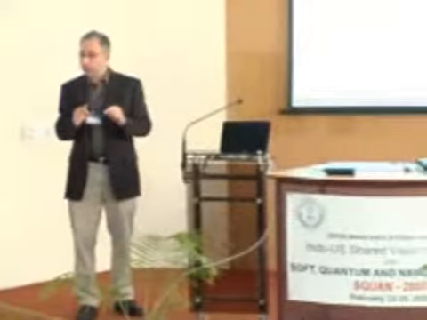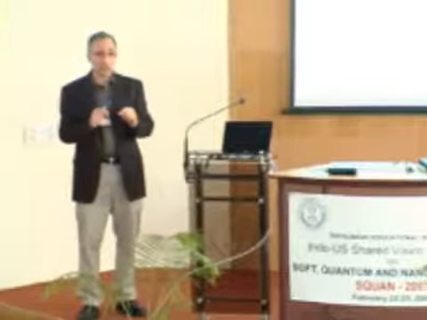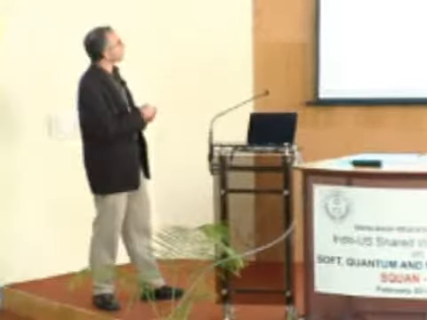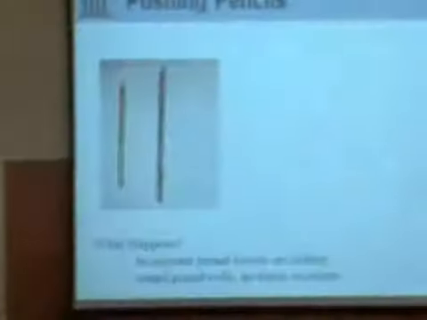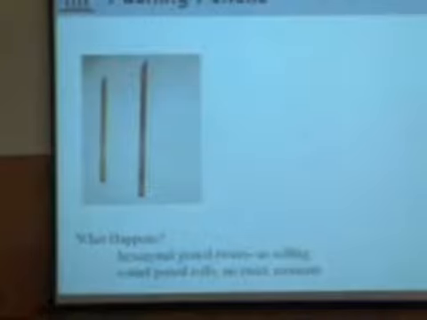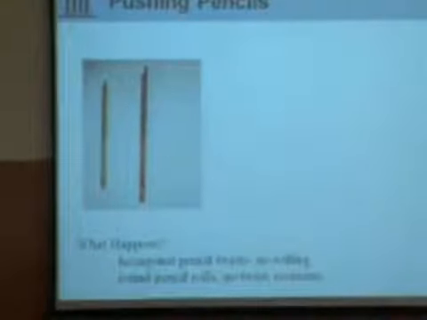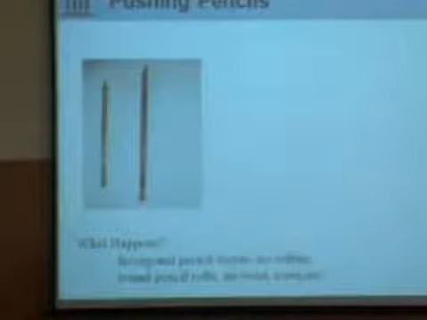But it turns out to deduce what's happening at the atomic scale, we don't need to do that. We can look at the overall motion of the objects. So here's two pencils. This pencil has a hexagonal cross-section. It has facets to it, faces to it. This one here is round. And what I'm going to do here is I'm going to push on each of these pencils. What happens?